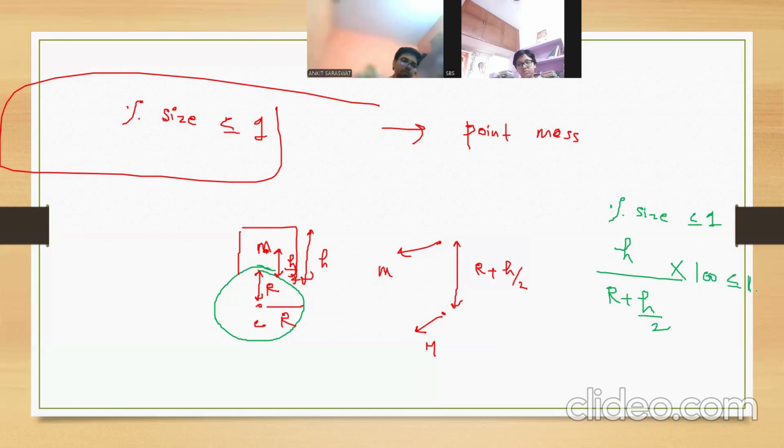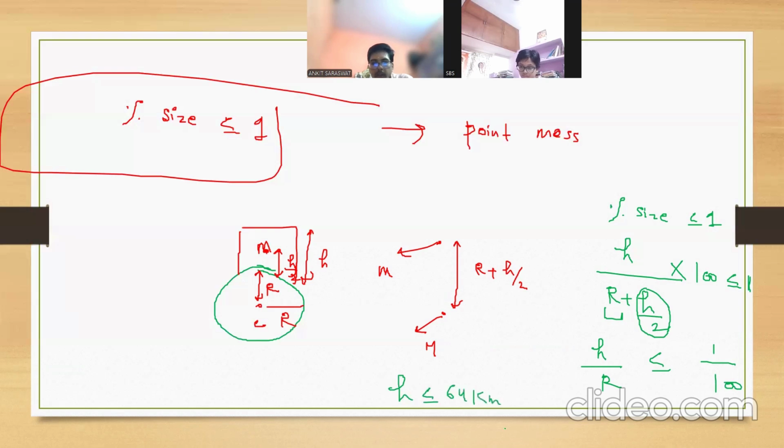Now as compared to R, this h by 2 is small because R is 6400 kilometer, so we can neglect it. So we can write h by R is less than equal to 1 by 100. From here h must be less than equal to 64 kilometer.